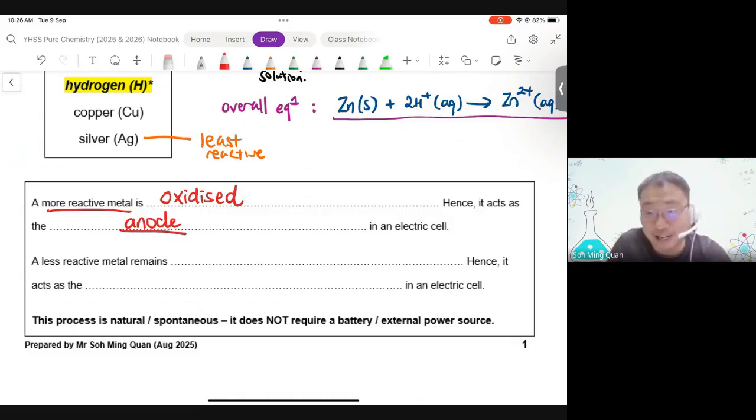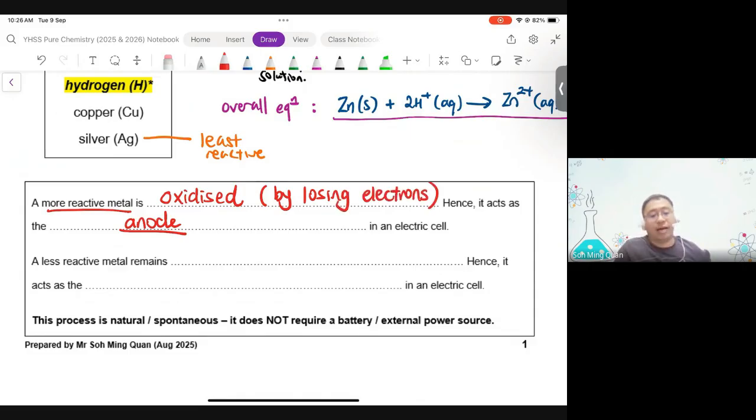To answer the question that just came into the Q&A: the more reactive metal in an electric cell is oxidized. How does it oxidize? By losing electrons. And therefore, it acts as the anode in an electric cell.